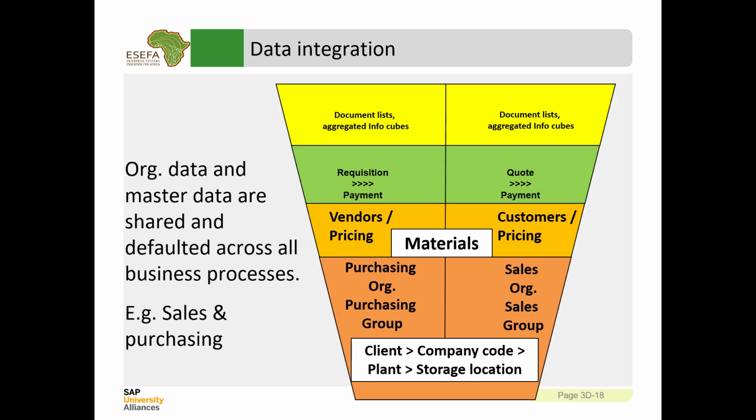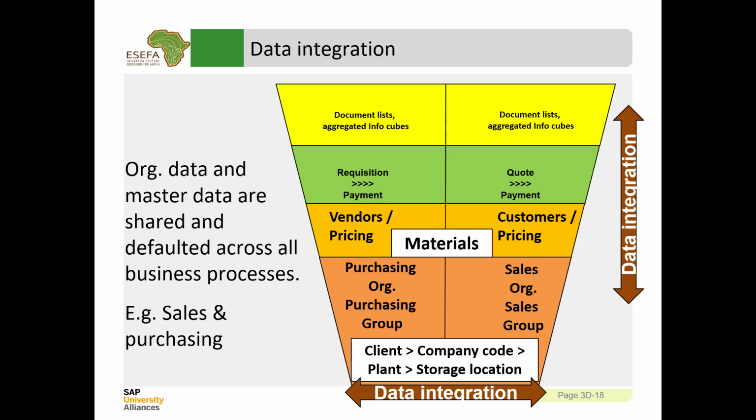This information is integrated and can flow centrally and be shared across all your business processes. So if finance needs to make a payment, they just need to know what purchase order was made, what sales order was made, and what this particular document is. Then payments can be made to the tune of the amount that is there. So that is data integration.